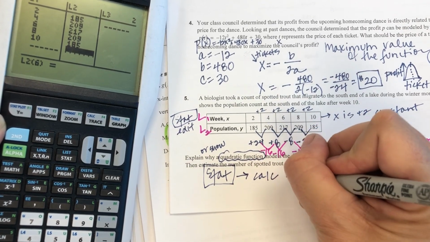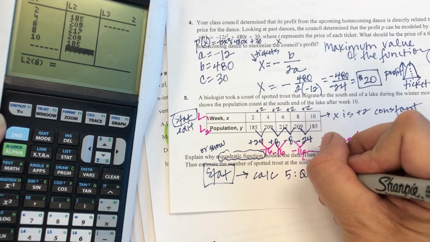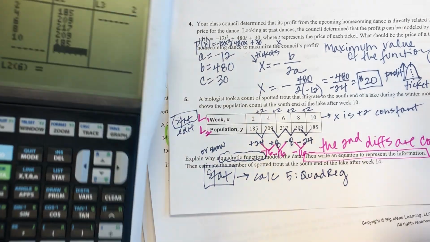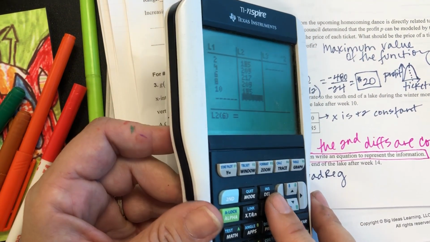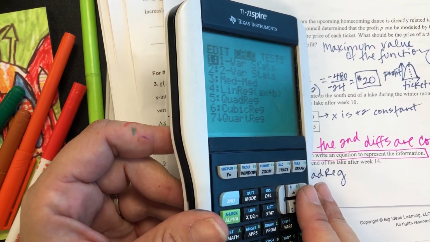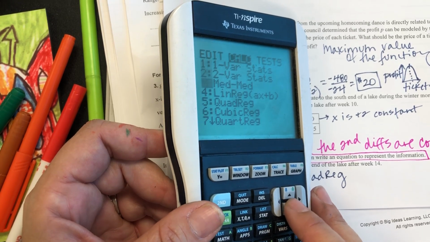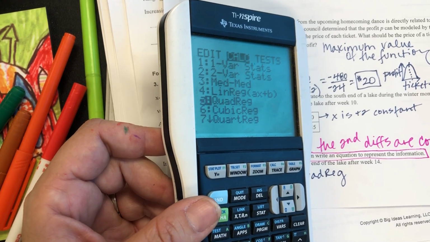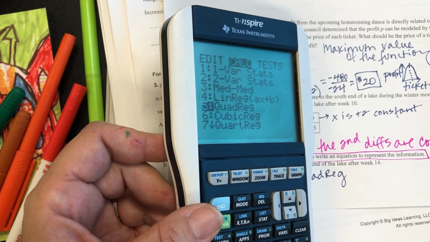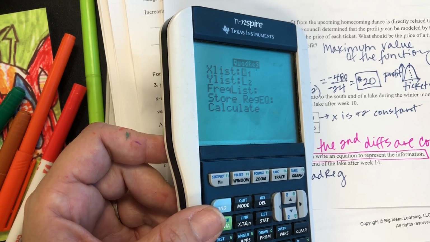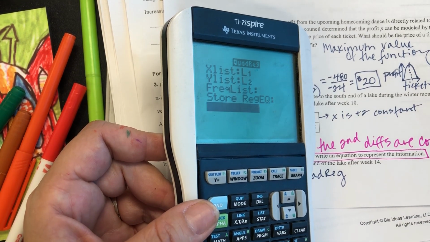I'm going to choose 5, which is a quadratic regression. After my data's in there, I'm going to go stat, calculate, and I've been using the 4 or 5. Quadratic is what this one's going to be. So I'm going to press enter on my stat calc 5 and set it all up.